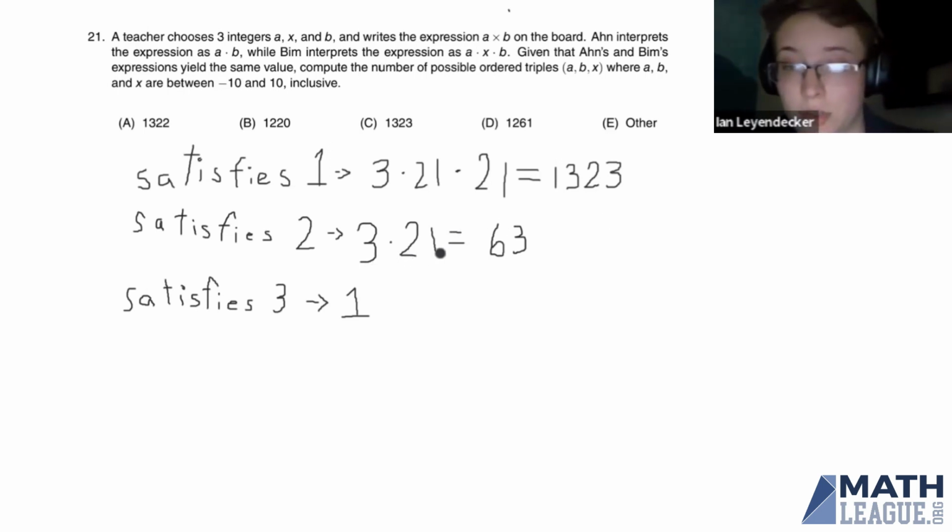So it's going to be 3 times 21 options. So 63 total cases that satisfy at least two of our requirements. And of course, if it satisfies all three of our requirements, then a equals 0, b equals 0, and x equals 1. And there's only one way for us to do that. So there's one case where all three are satisfied.